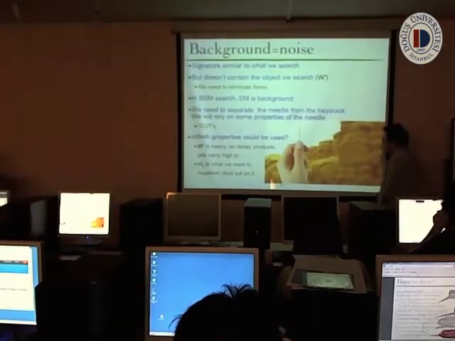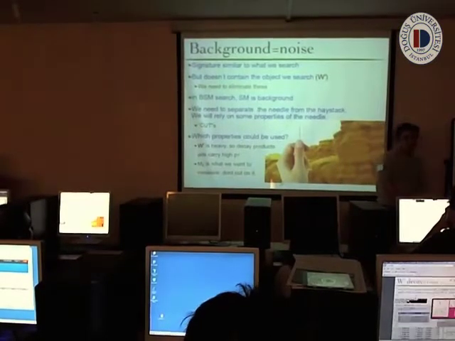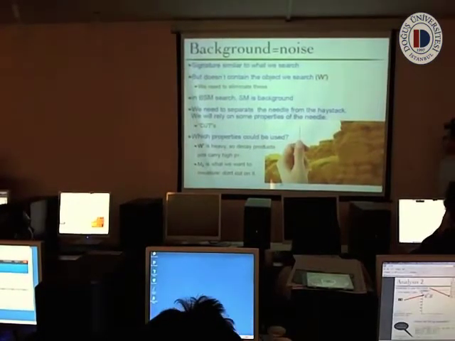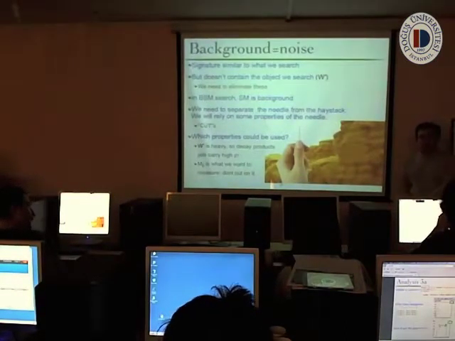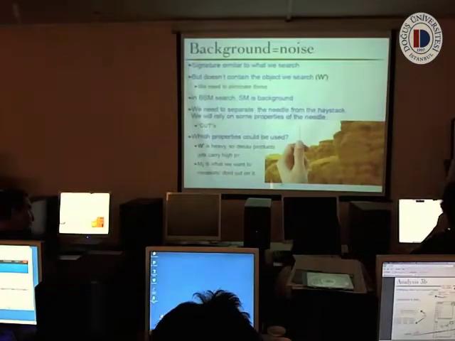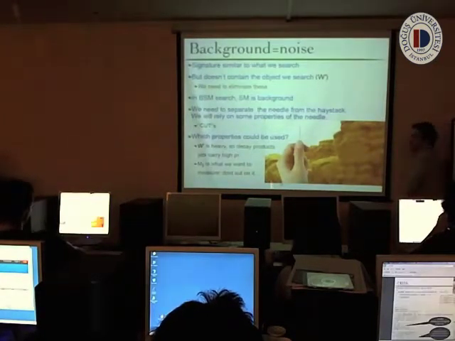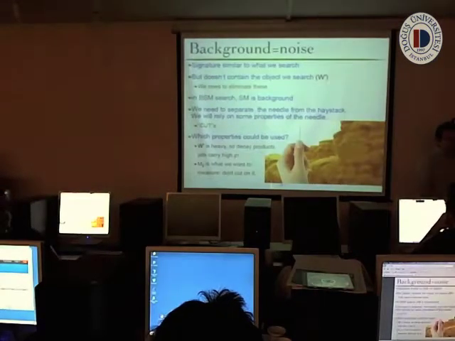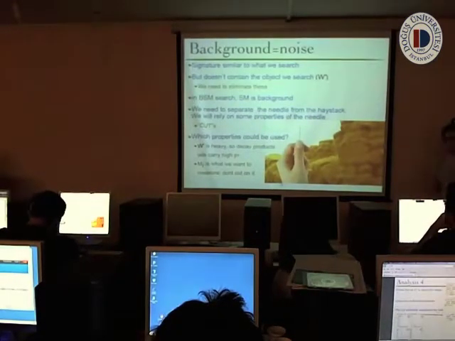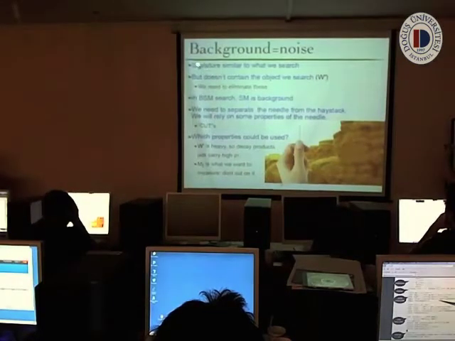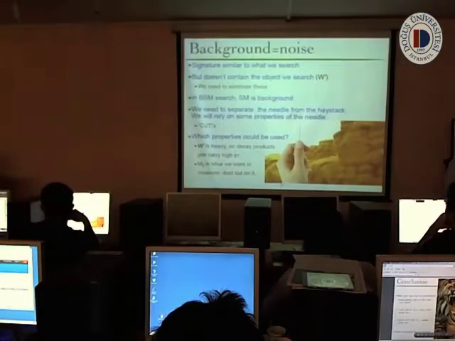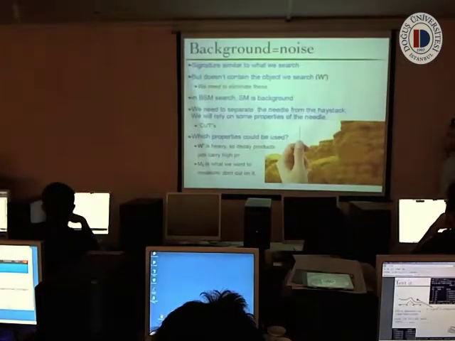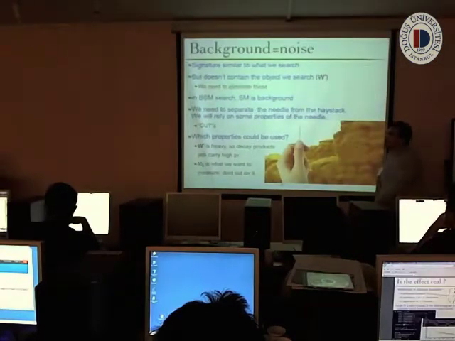Similar to the thing that we want to study, but something else. You want to listen to a radio channel, but unfortunately, at about the same frequency, another radio channel is emitting another program that you don't want to listen to. So that second thing is your noise, your background. Hence, in our lingo, a signature similar to what we are searching for, but not what we are searching for, is a background. We are searching for a W prime, and we want to eliminate anything else that would look like it, but isn't.